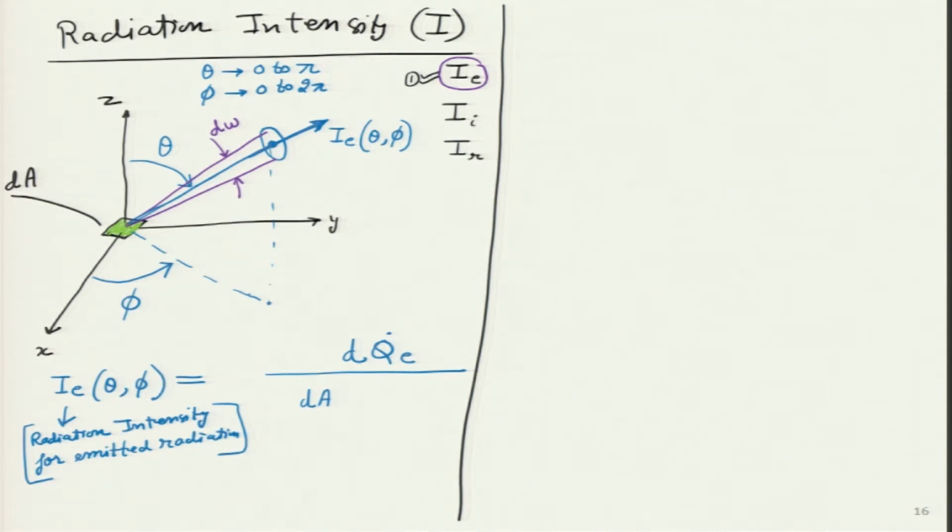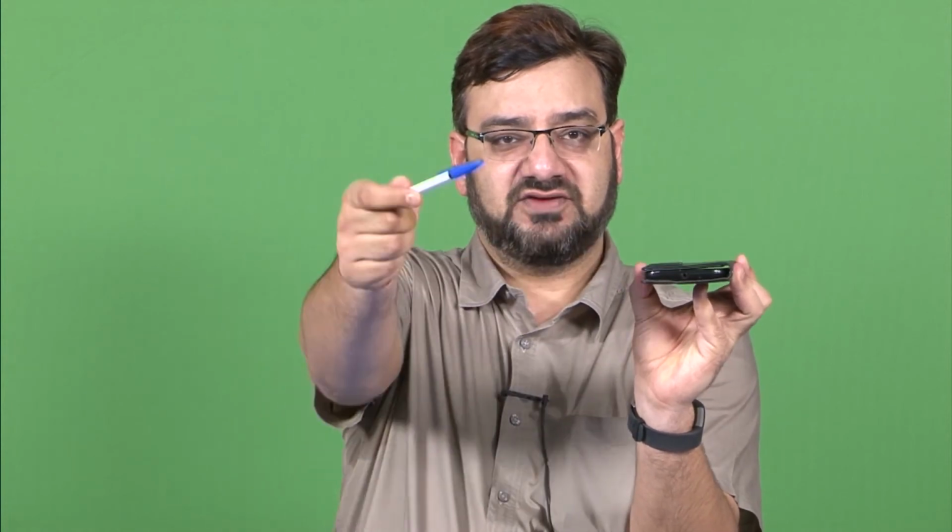If I have to take the projected area, what do I mean by projected area? Let me go back to the example I have taken over here. If the area of the black surface over here is, let us say, 10 centimeter square, you can see the full area now, because that surface is normal to the camera. But if I tilt it, then the students sitting at home are not seeing 10 centimeter square, they are seeing less and less. And if I make it like this, then the area that you are seeing is 0, because the whole surface is in the same direction at which you are viewing, which means I can multiply it by cos theta.